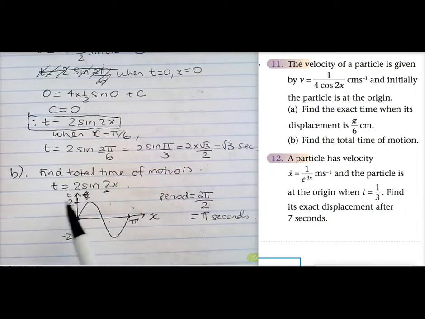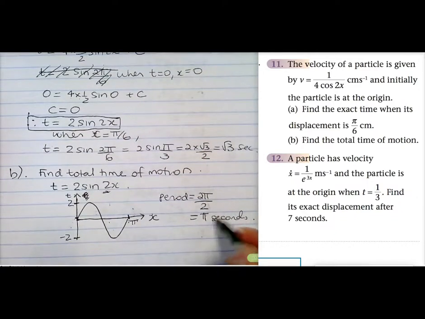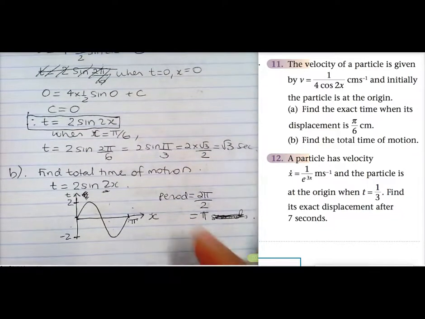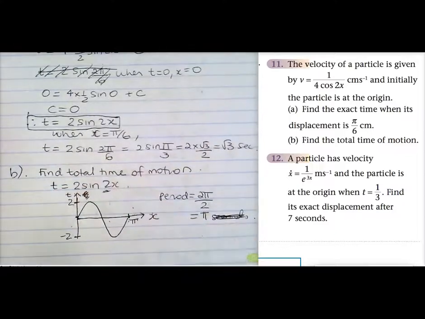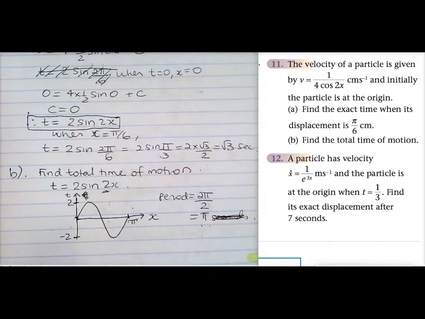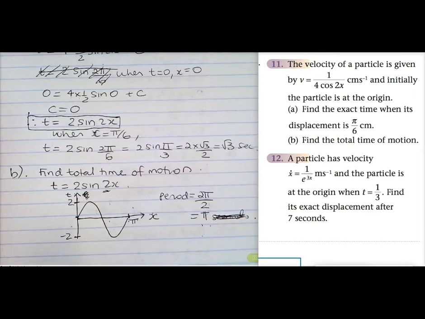You would draw it like this. The y would be there, the x would be there. Amplitude 2, period is pi, not pi seconds. The period is just pi for this graph, but the time's actually up there. So the period's just pi to draw it. I'm not going to give it units. All right? Period is pi centimetres.